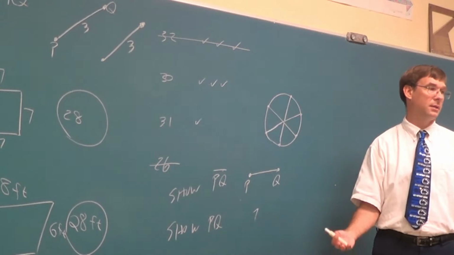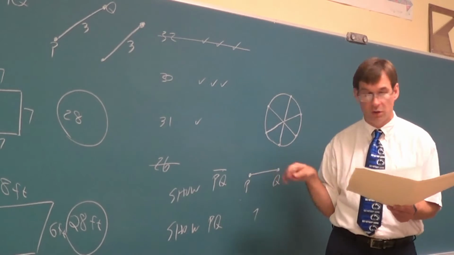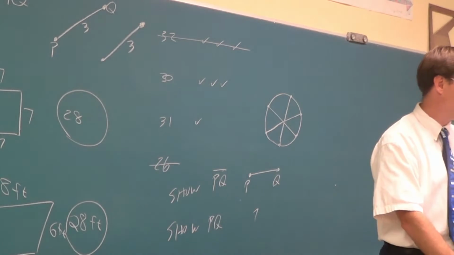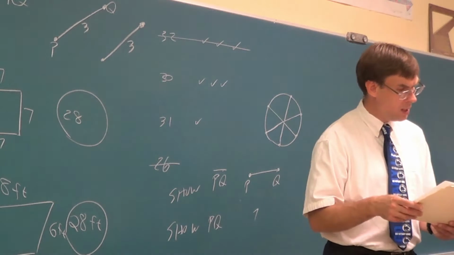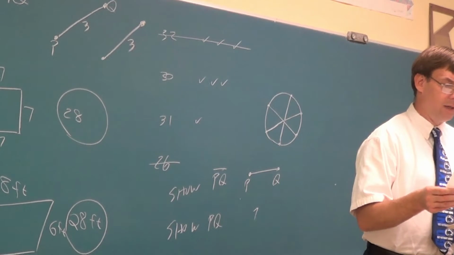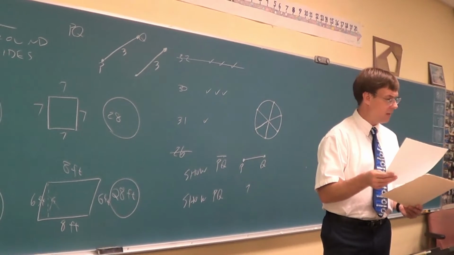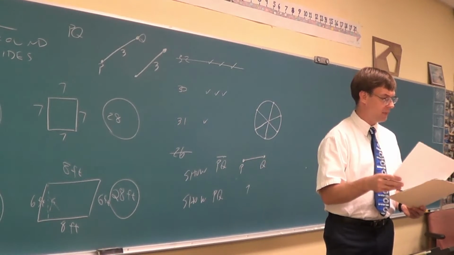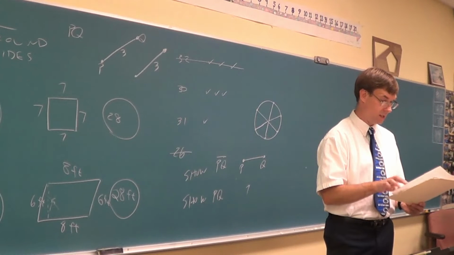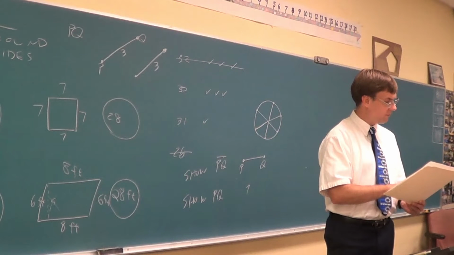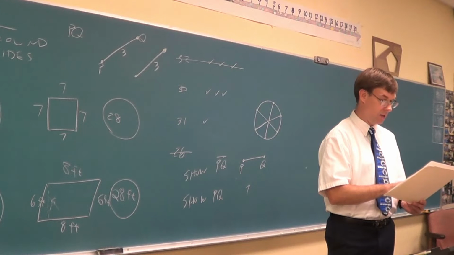It's a number that refers to how far apart those points are. Next time, that question stays the same. You're not going to fill in the blank with distance anymore next time, but that PQ question is going to stay the same.